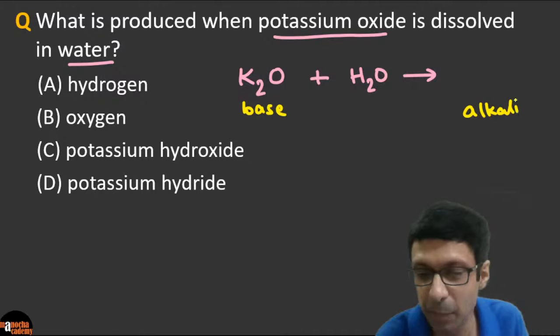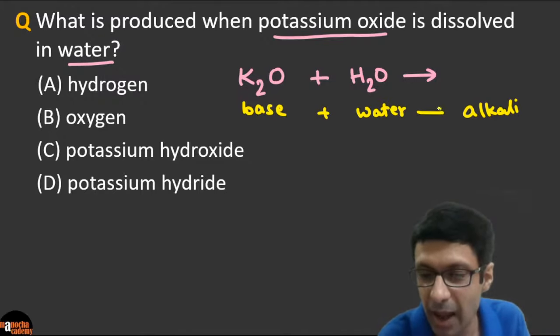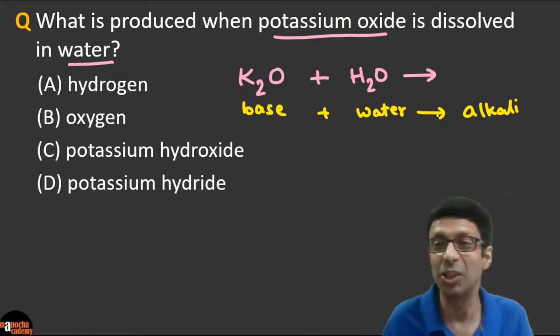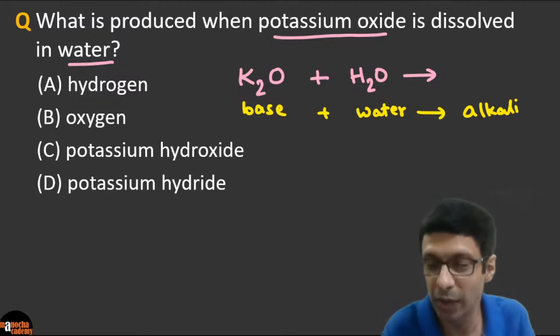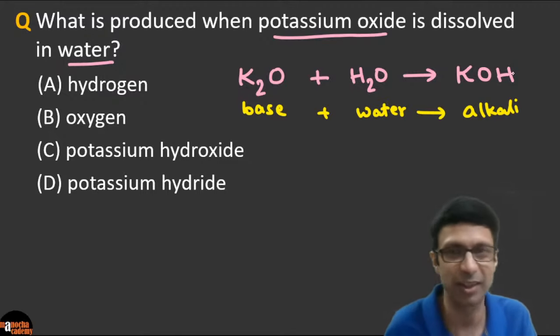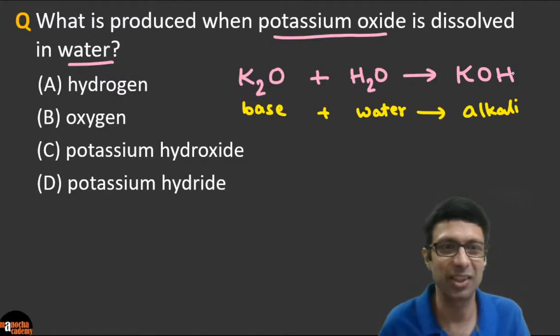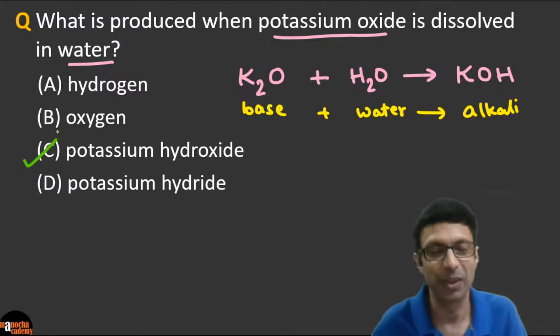So this is the simple equation of base plus water producing an alkali for you. And guys, what is the alkali of potassium oxide? When you dissolve it in water, the alkali produced is potassium hydroxide. Excellent. So the answer is going to be potassium hydroxide here, right guys?